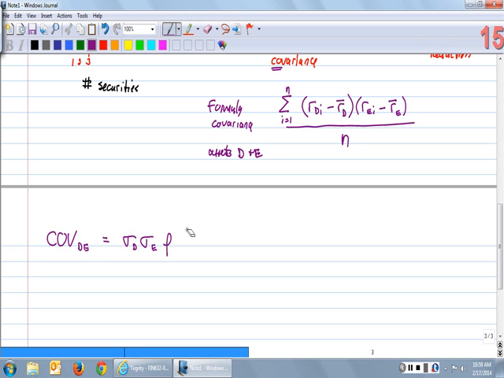I'm going to rewrite this, D and E here. Okay, so that's what our formula is showing us. It's showing us the interactive volatility, interactive risk. It's the risk of asset D and the risk of asset E, and the direction of their movement. Were they moving in the same direction or not?